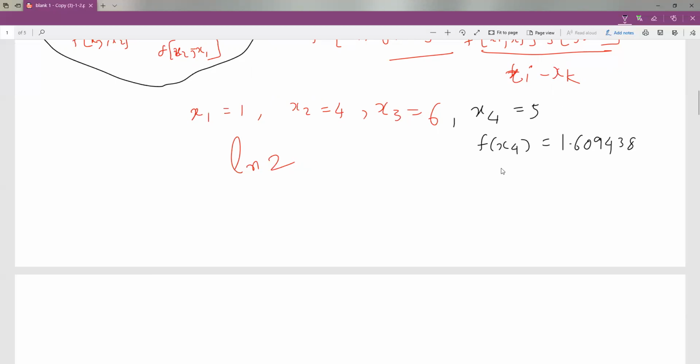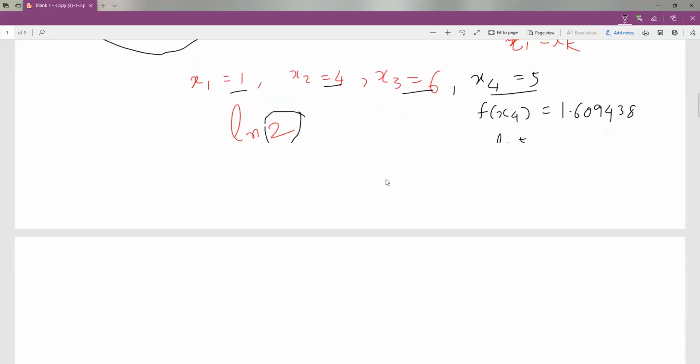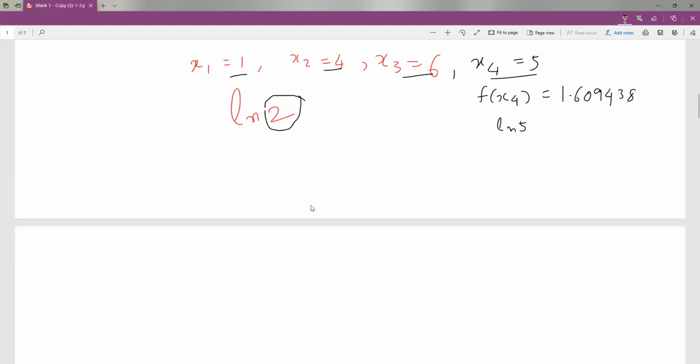This is nothing but ln 5, the function's value at 5. Our objective was to determine the function's value at 2. So these four data points are given: x1 is equal to 1, x2 equal to 4, x3 is equal to 6, x4 is equal to 5. And we want to estimate ln 2 with the third order Newton's interpolating polynomial.